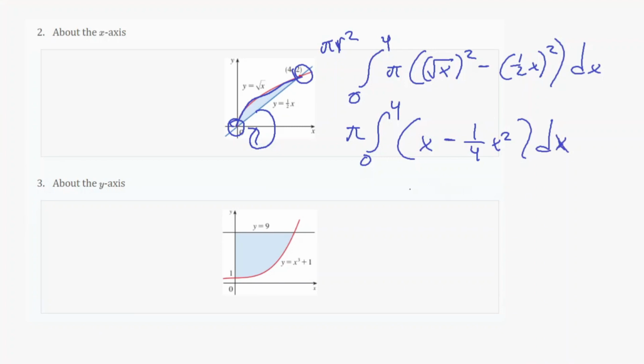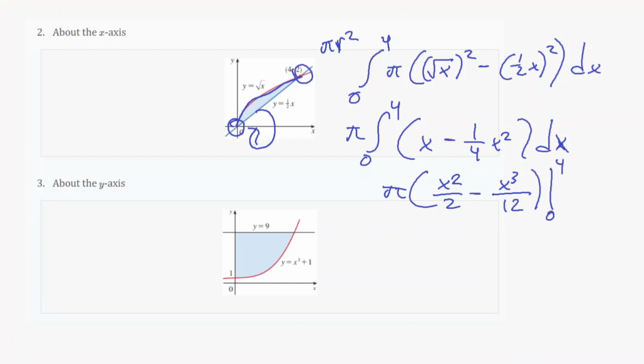So we're going to have pi, open parentheses, x squared over 2 minus, this is x squared over 4, so if we go up one exponent, it's going to be 4 times 3 on the bottom, which is 12. And now we need to evaluate all this from 0 to 4.